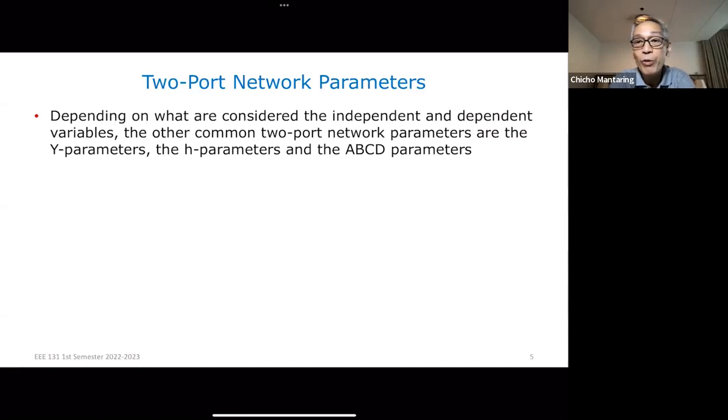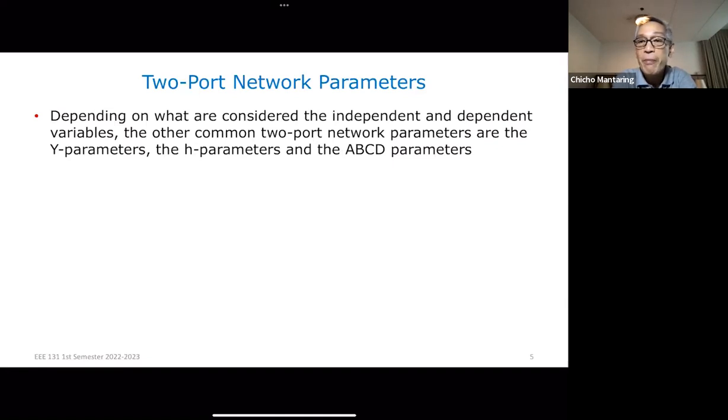Anyway, I'm not going to go through all of this. You're going to learn more about two-port networks I assume in future courses. I just wanted to introduce you to two-port networks because when you take up amplifier circuit analysis in module 5 and also frequency analysis in module 6, everything will be done using two-port networks.